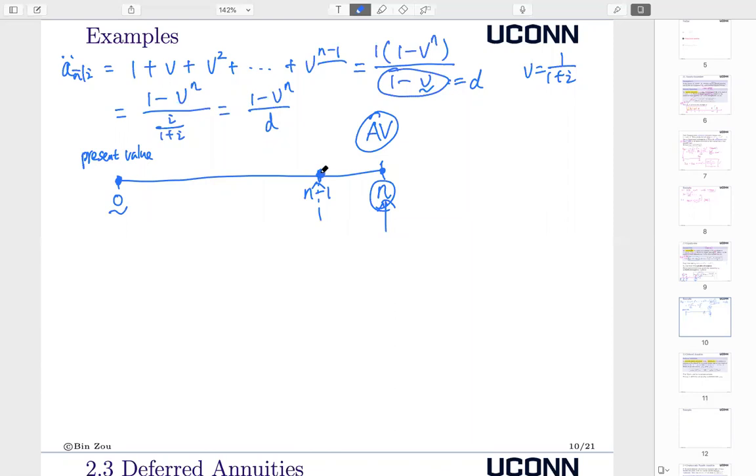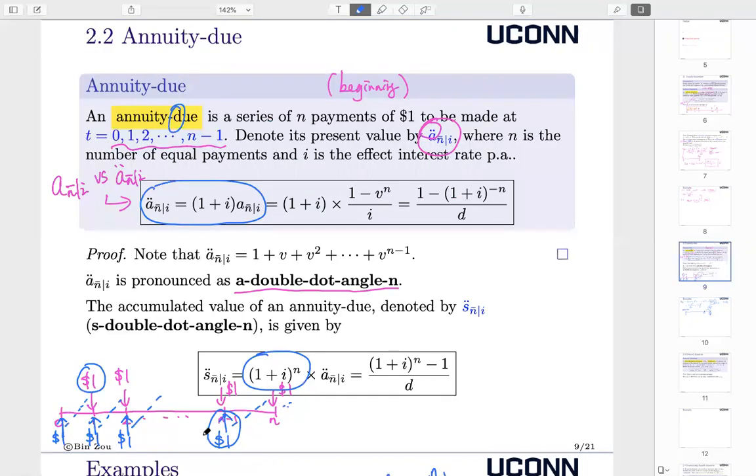So although the point circled is at n-1, you think of that point as the beginning of the last period n. So when we talk about accumulated value, it is still at n, not n-1. Okay, so that is why when I move from present value to the future value, or the accumulated value, I times by 1 plus i to the nth power. Okay, keep that in mind.